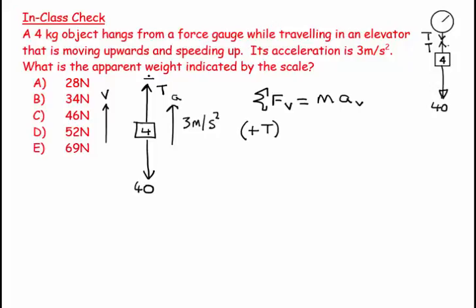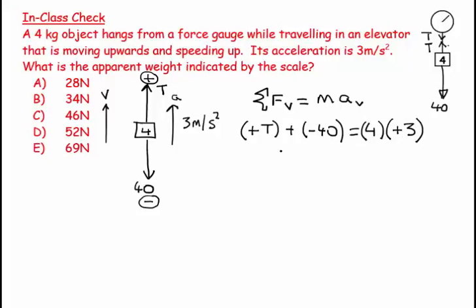Let's make this the positive end and this the negative end. The same skills we've had for many questions. So that's plus T added to minus 40 is equal to 4 times, through our discussion of velocity and speeding up, we know that this is a plus 3.